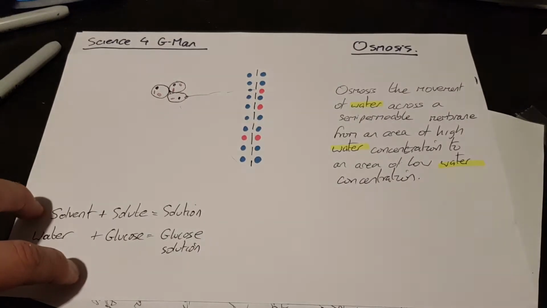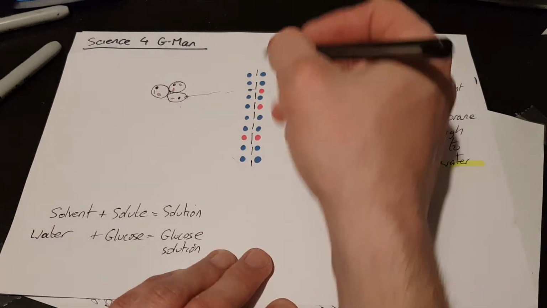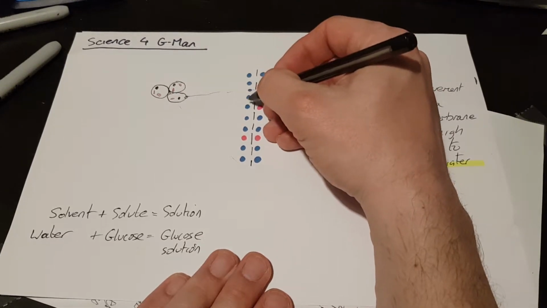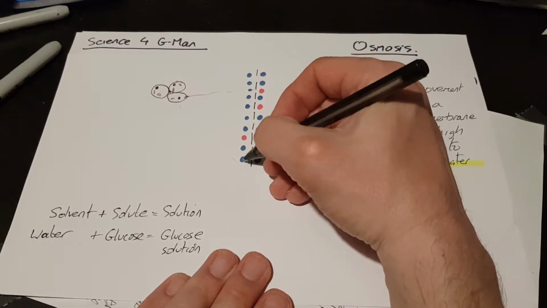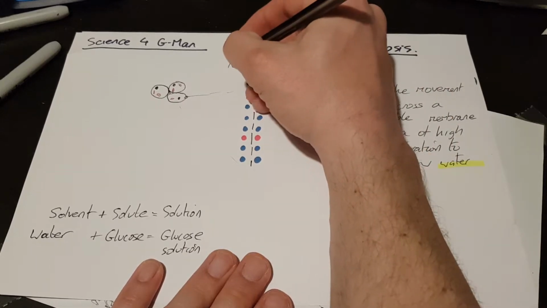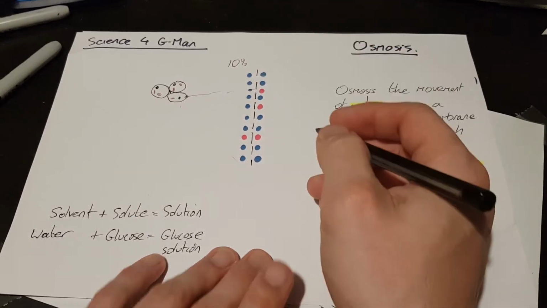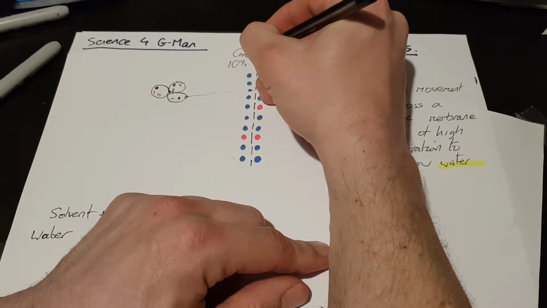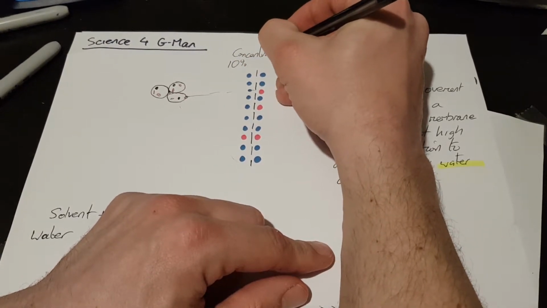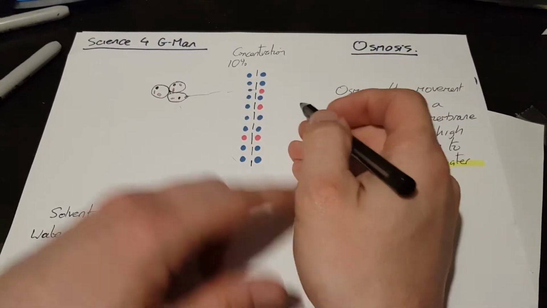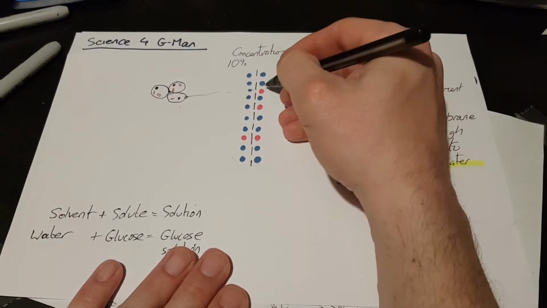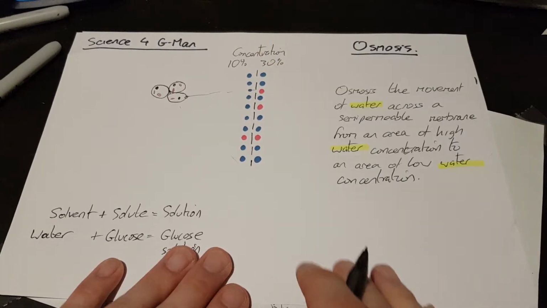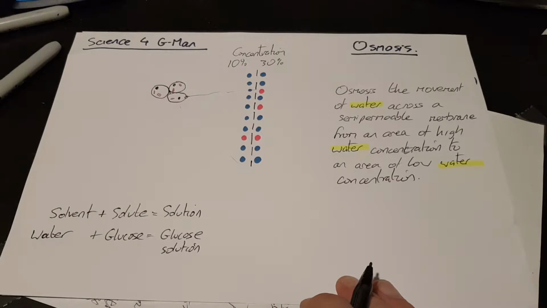So now in our diagram we have 1, 2, 3, 4, 5, 6, 7, 8, 9, 10. So we have a 10% concentration on that side, and a 30% concentrated solution on that side.